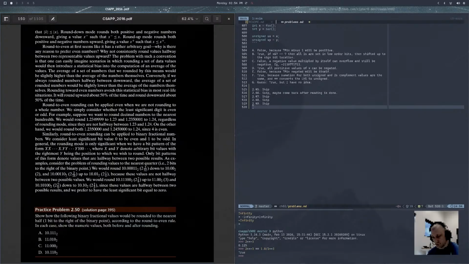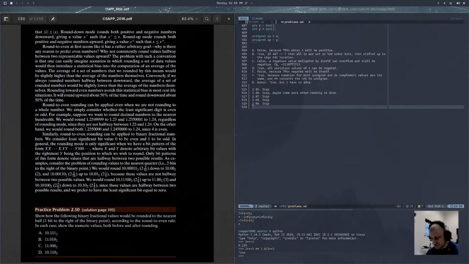since 4 is even. Similarly, round to even rounding can be applied to binary fractional numbers. We consider least significant bit value 0 to be even and 1 to be odd. In general, the rounding mode is only significant when we have a bit pattern of the form XXX.YYY...Y1000..., where X and Y denote arbitrary bit values, with the rightmost Y being the position to which we wish to round.